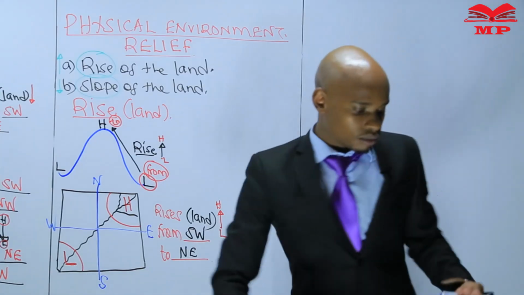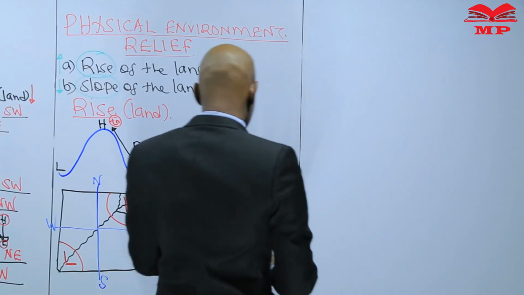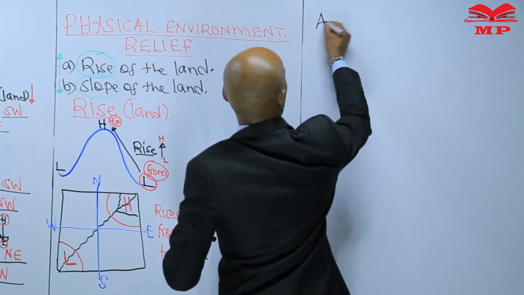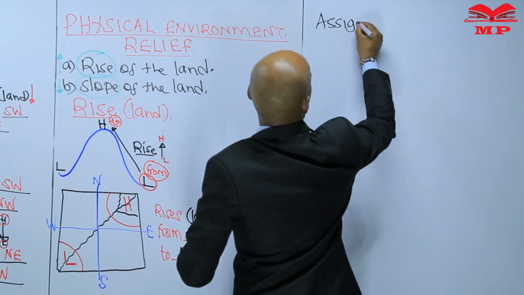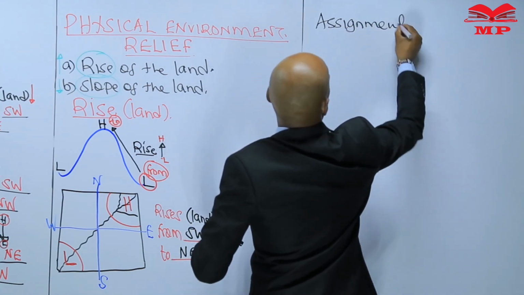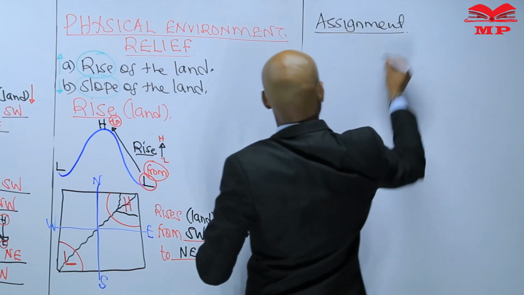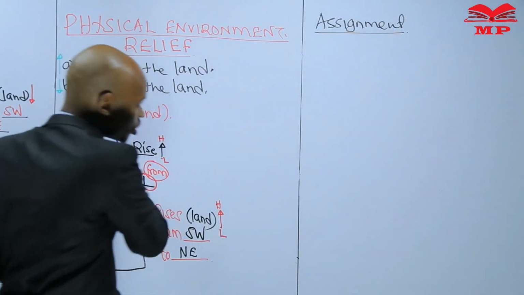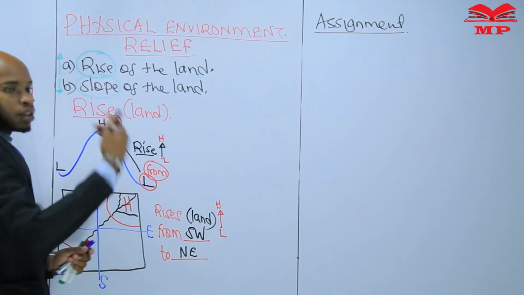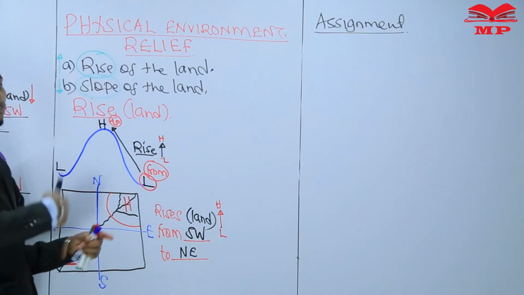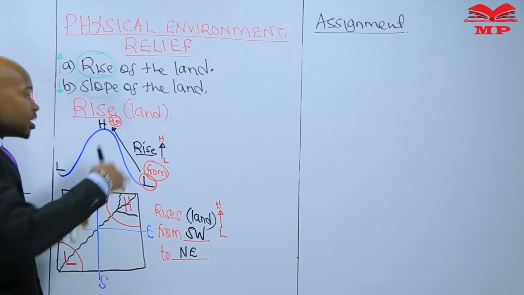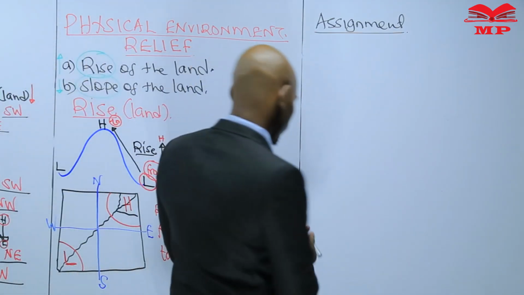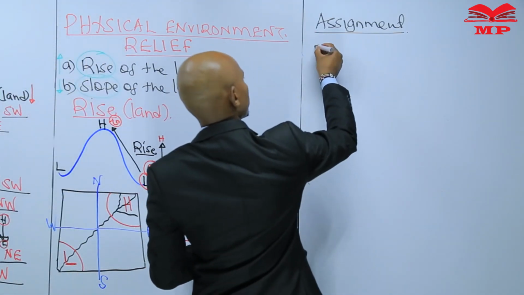Now, for your assignment, and if you did not understand anything, please rewind, go back to the notes. This is not an exam, it's an activity for you to do so that you can see exactly what I was explaining here. So for the assignment, we can have several maps. Let's have 3 of them.